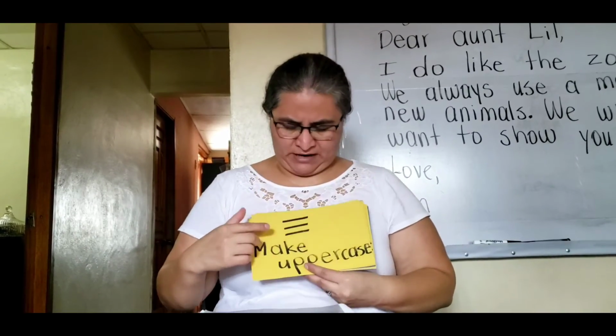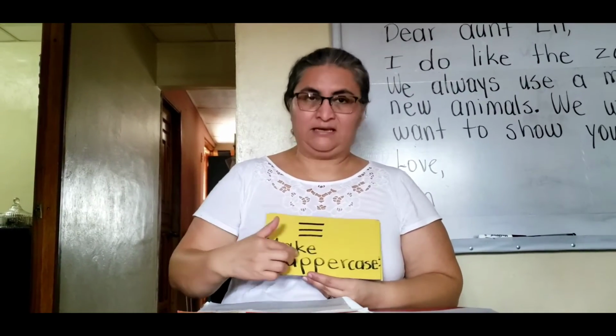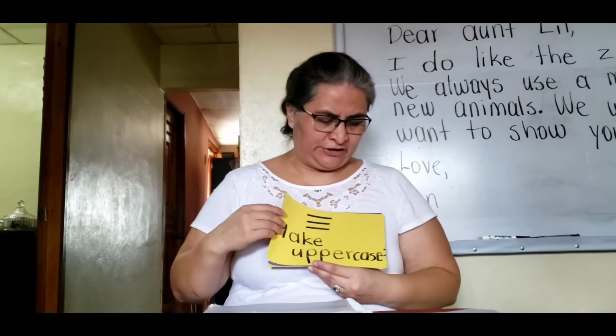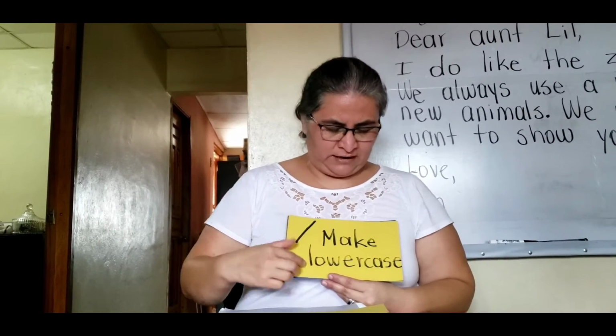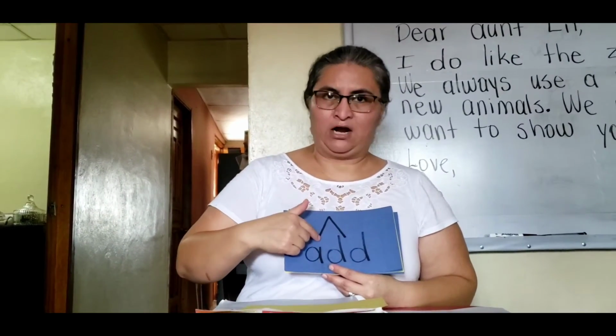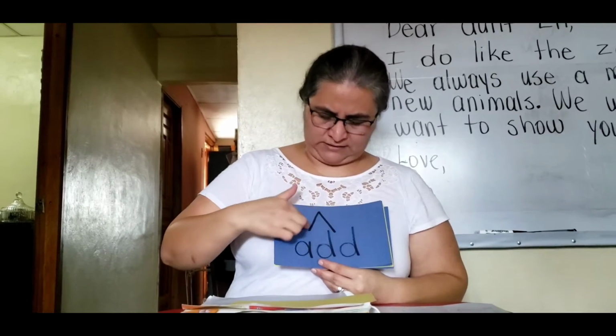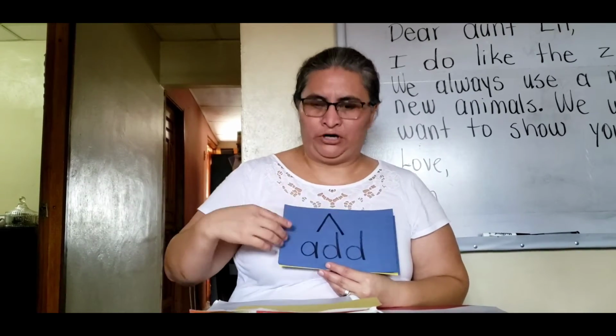Okay guys, we continue working with our spelling class, and now you will learn some new marks. If you remember, I already talked about this one, that there are 3 lines, which is to make uppercase letters. And this diagonal is to make lowercase letters. And now this is a new one. It's like a triangle, but with the base missing, and this sign is to add a word.